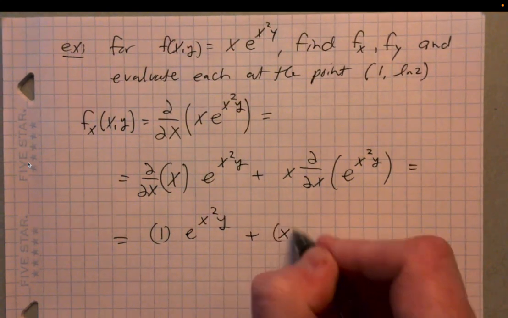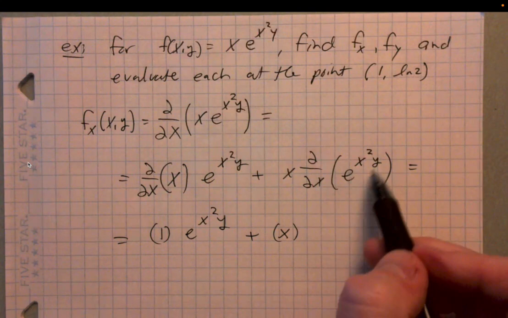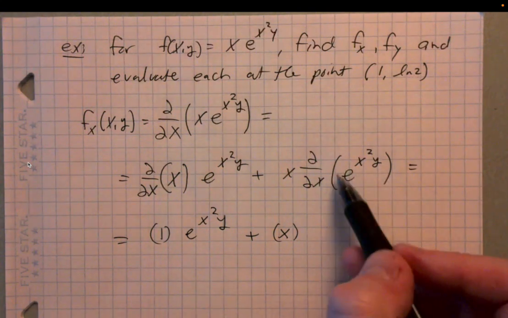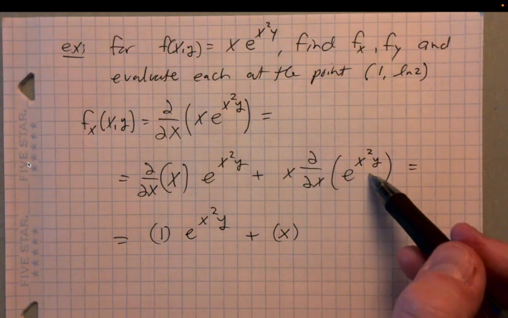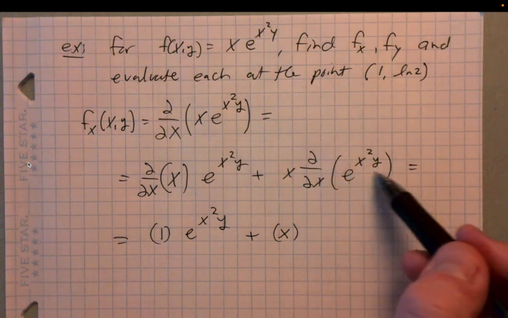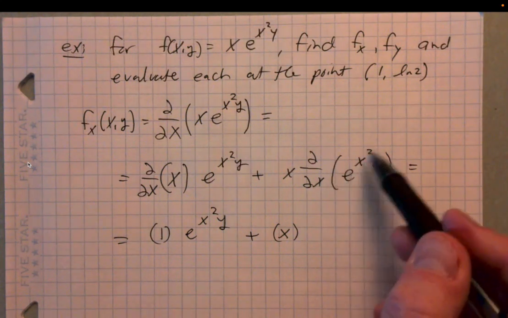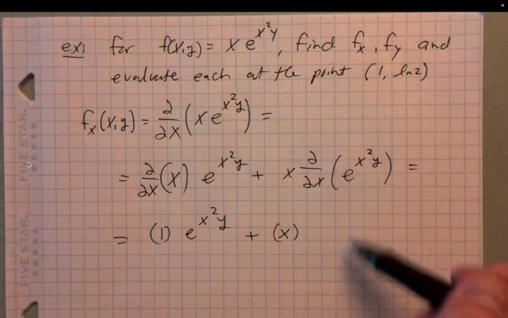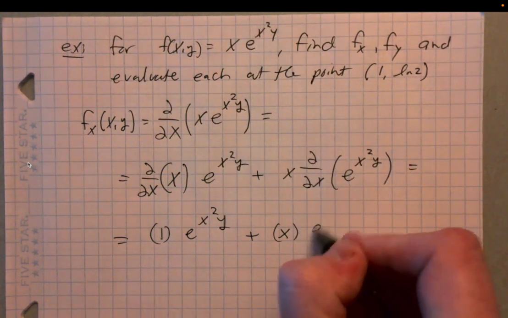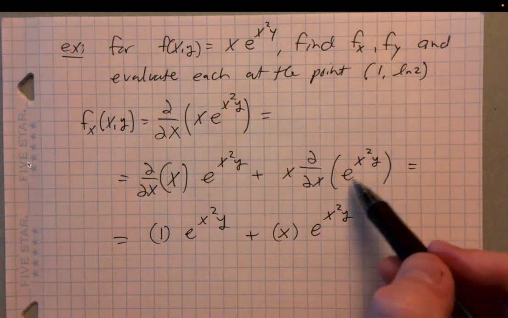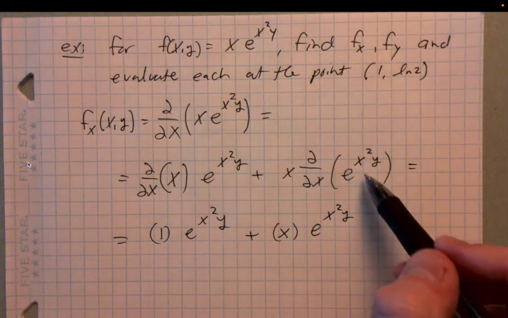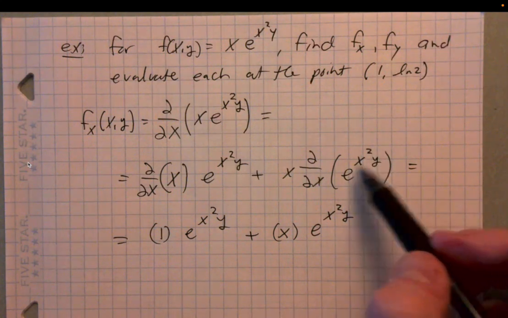And then we've got the x here, and then the derivative here is, what are we going to have to do here? Well, for this part, we're going to have to use the chain rule, right? So you've got the outside function is e^u, and then u is x²y. So this would be e^(x²y) times the partial derivative of x²y with respect to x.